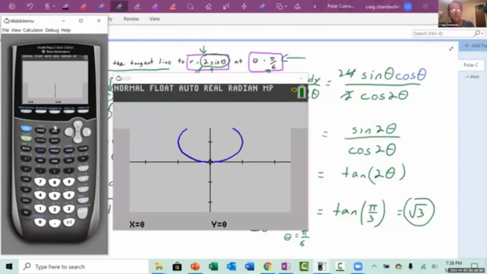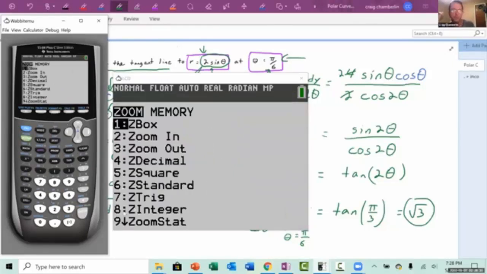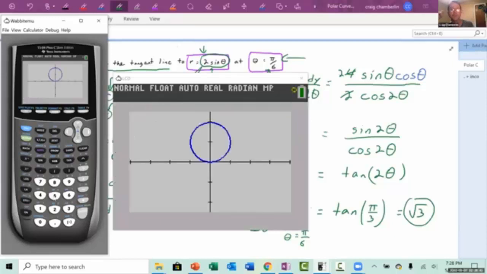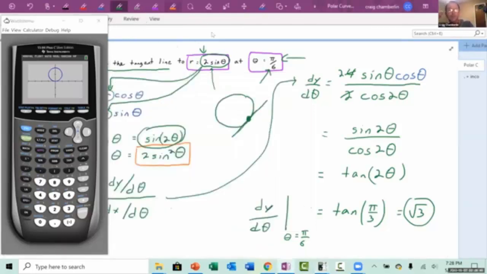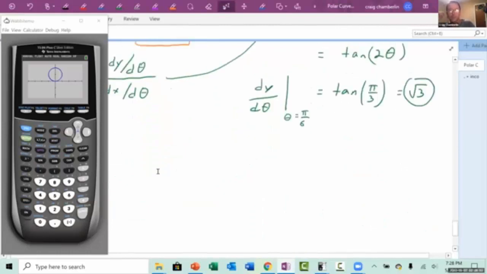And then if you go to zoom square, it'll look more circular. So zoom number 5. There you go. So what we're saying then is, let me see if I can put this picture in OneNote somewhere. So I'll put it right there.